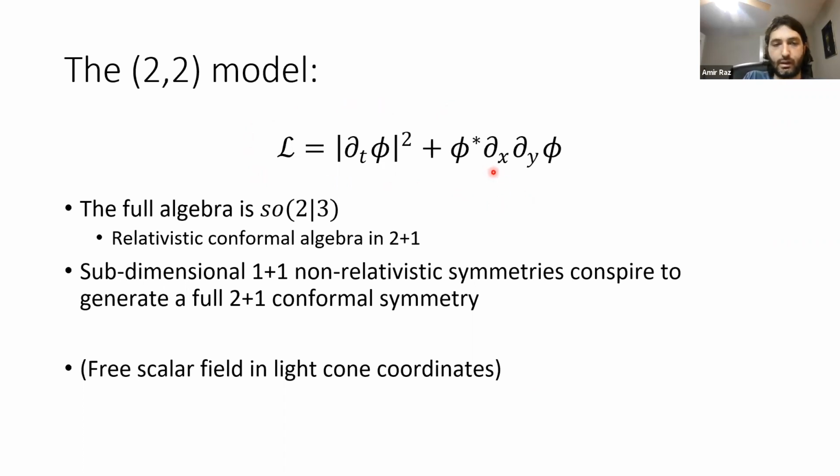So if you go to coordinates which are x plus y and x minus y, then this term just becomes Laplacian squared, and you would see that it's just a free scalar field in 2+1 dimensions and has the full 2+1 dimensional conformal symmetry. But by looking at it, you might not realize that that's the theory you're looking at. It is in a different coordinate system.